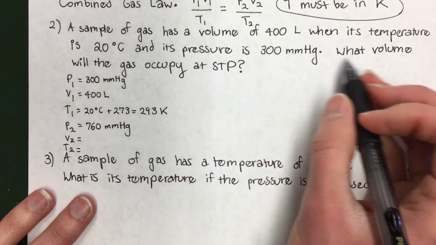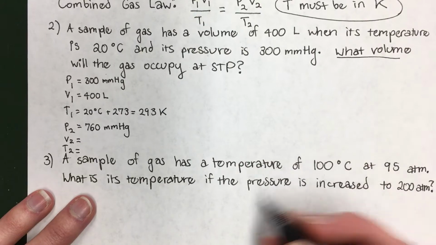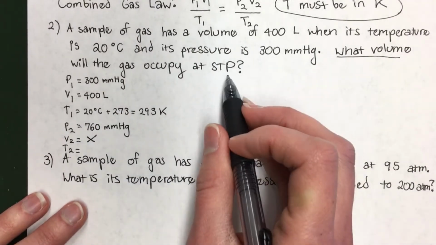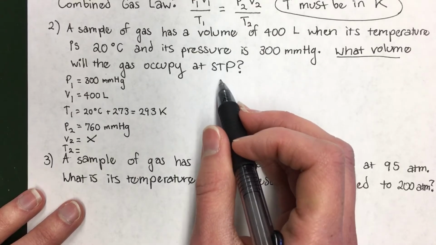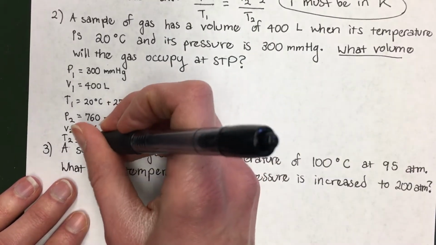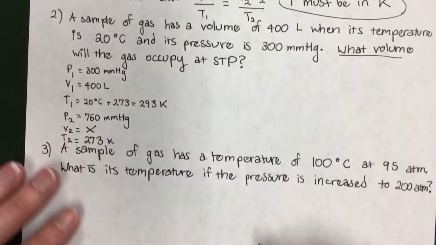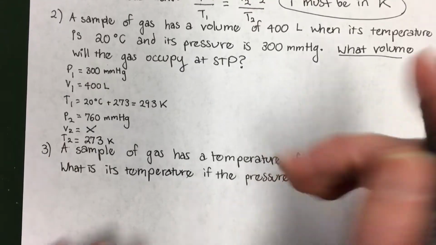The volume, we don't know. It's asking for the volume, so that's going to be X. And then our temperature is going to be our standard temperature, which is 273. Okay, so now I've got a bunch of numbers. I can just plug them into my equation.